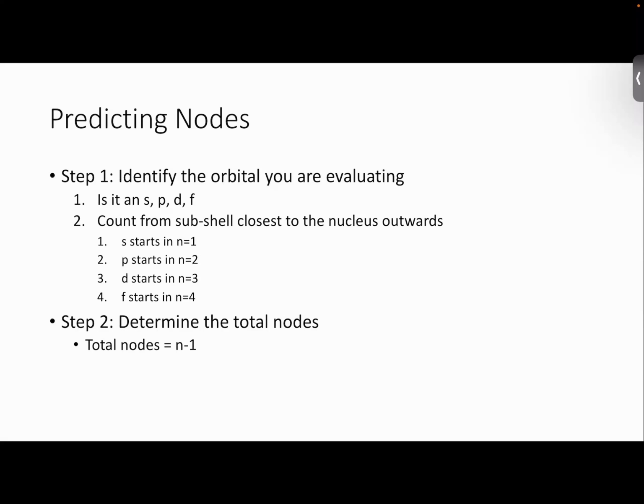And an f does not start until the fourth shell. From that, we can determine the total nodes. The total nodes will be what shell is it, minus 1. That will equal your total nodes. n minus 1 equals the total nodes.